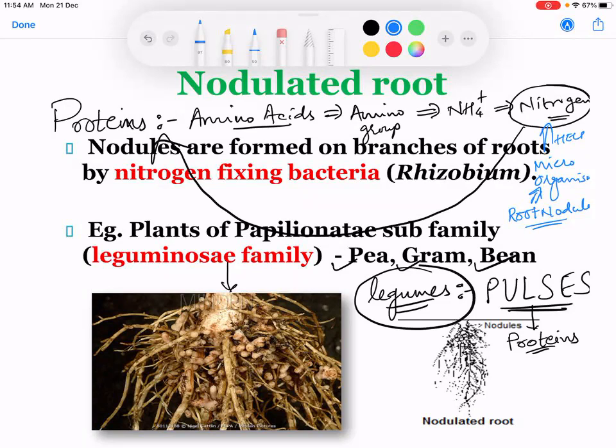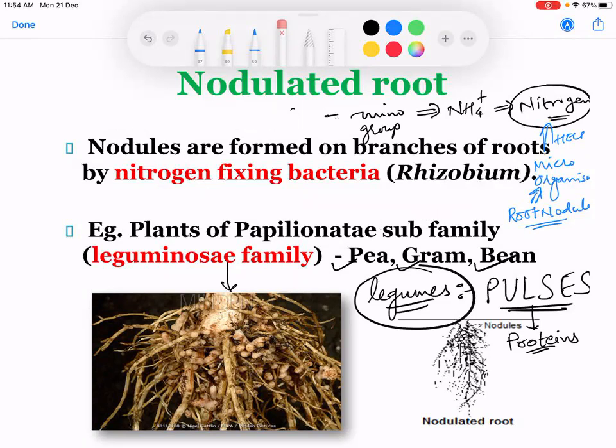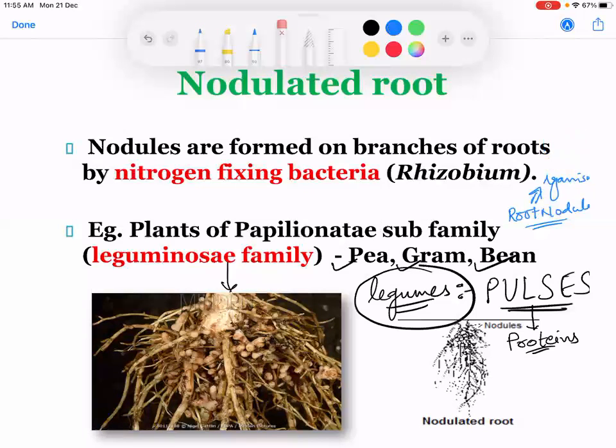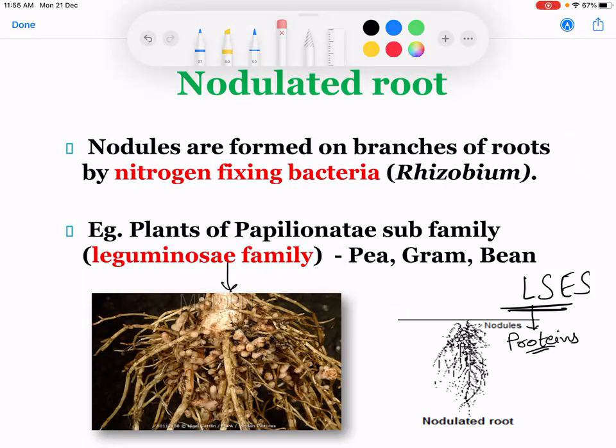So nodules are found in leguminous plants as a special type of adaptation for protein formation. The root consisting of these nodules is called a nodulated root, and it is generally found in leguminous plants.